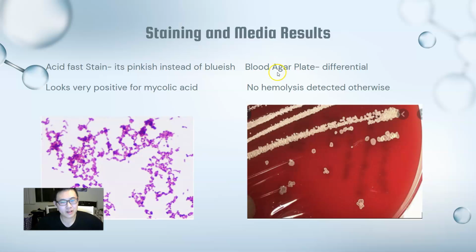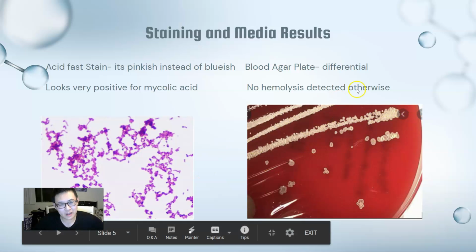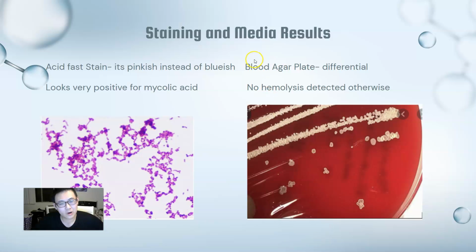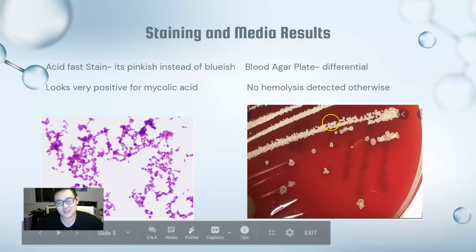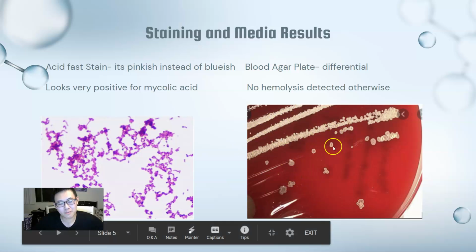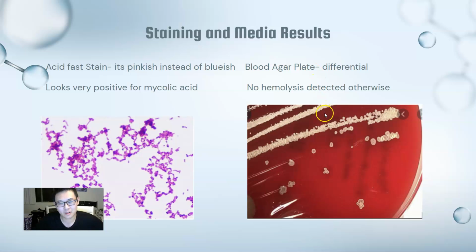And for our blood agar plate, a differential plate, it shows that the bacteria is clearly growing here, but no hemolysis is occurring. Hemolysis is when blood breaks down, so we can rule out some bacterial infections.